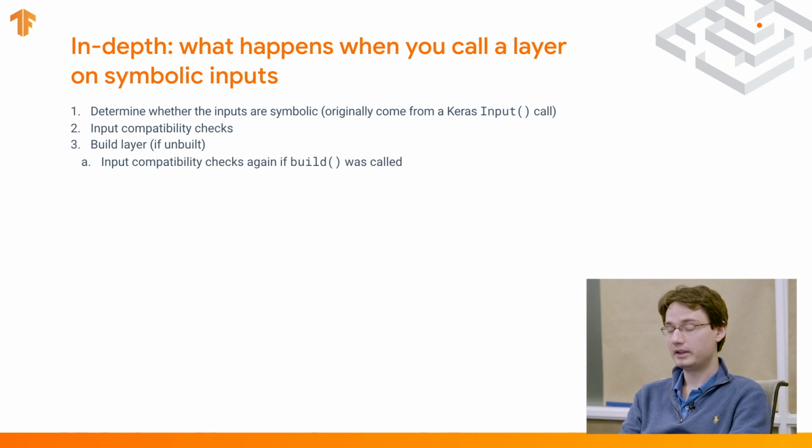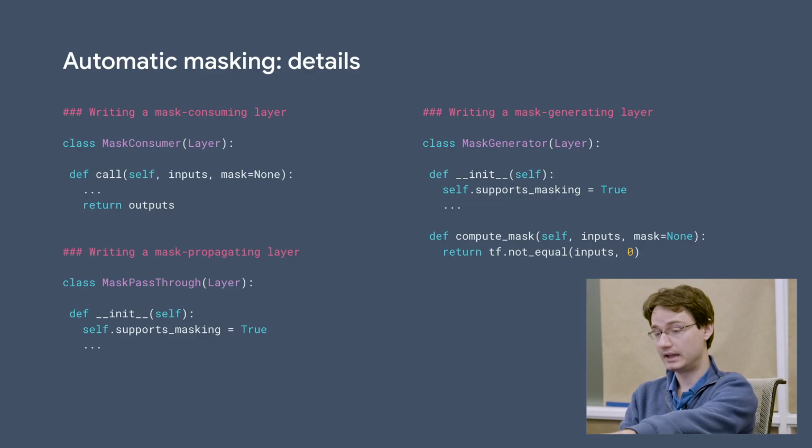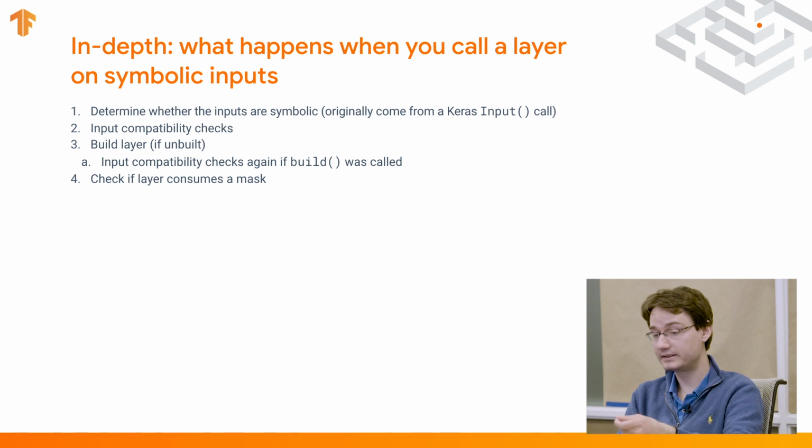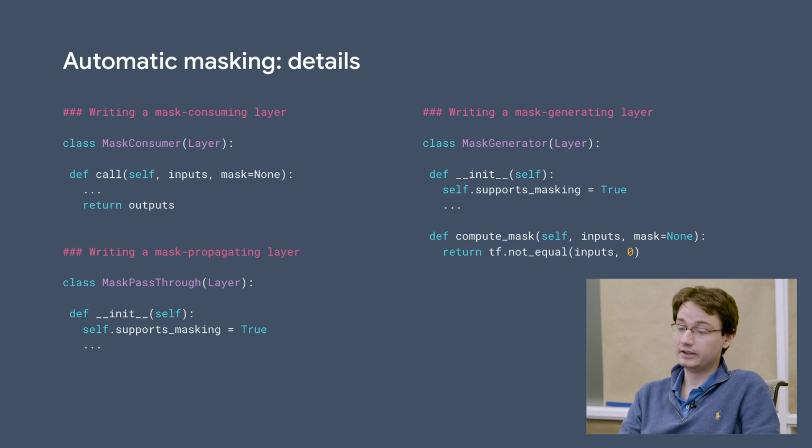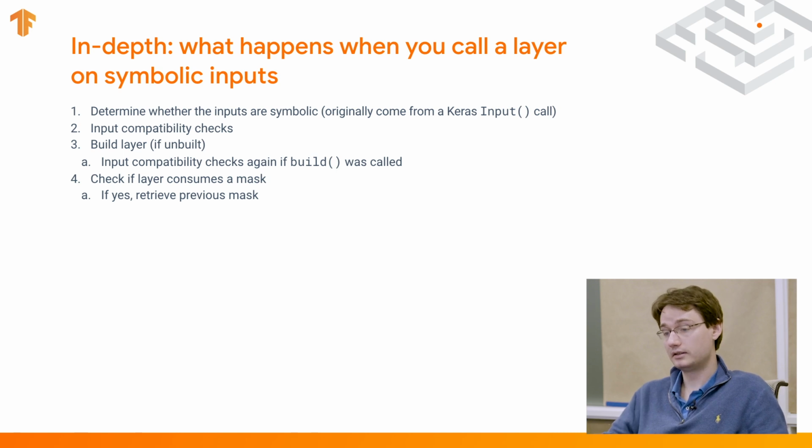Then the next step is you're going to check if this layer expects a mask argument. And if it does, you're going to be fetching the masks generated by the parent layer via this compute mask method. And so where does that come from? I mean, somehow there's a secret communication channel.